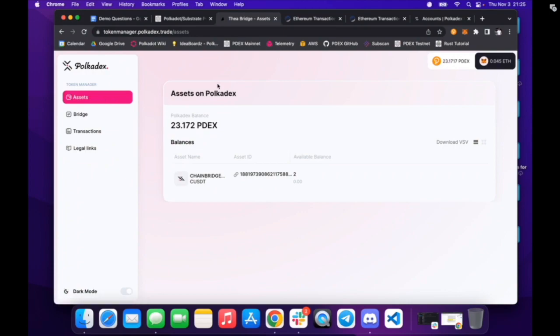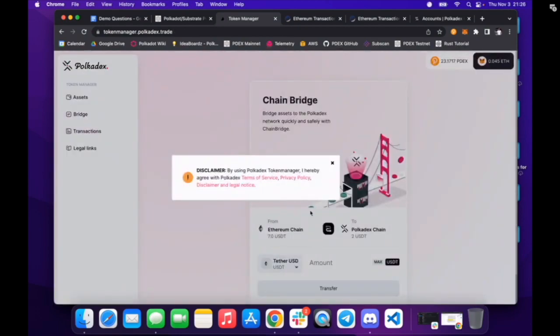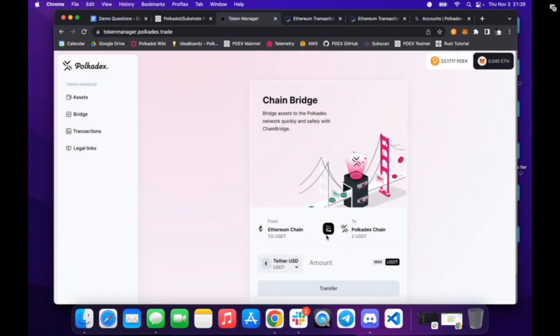So again, withdrawals are as simple as deposits. Go to your token manager, connect your Polkadex account and your Ethereum account, go to Bridge and click on Chain Bridge. Right now it says from Ethereum chain to Polkadex chain. All I have to do is click on this toggle here, and it'll change from Polkadex to Ethereum.